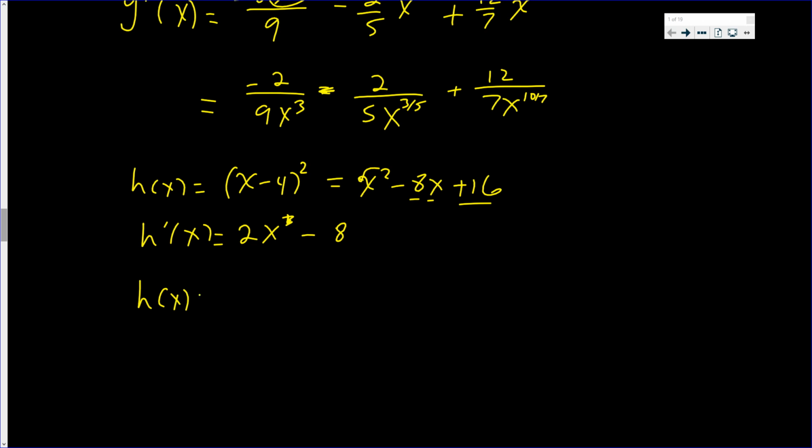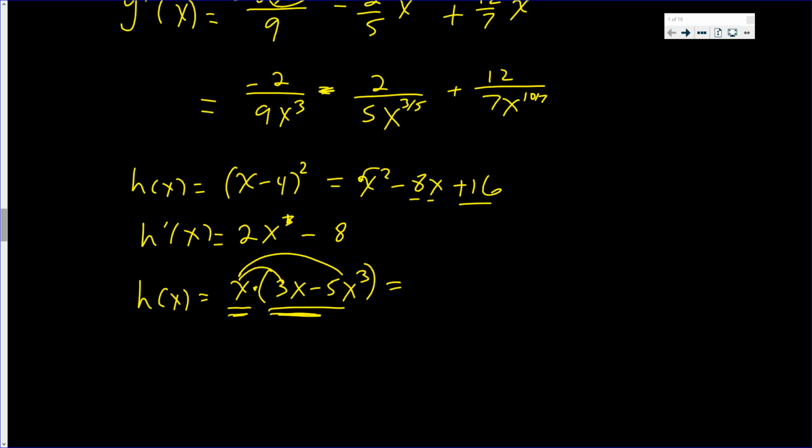Let's do one more. Suppose you have h of x is equal to x times 3x minus 5x cubed. Well, nobody ever said that the derivative of this times that is the derivative of this times the derivative of that. So let's not make up these rules, folks.